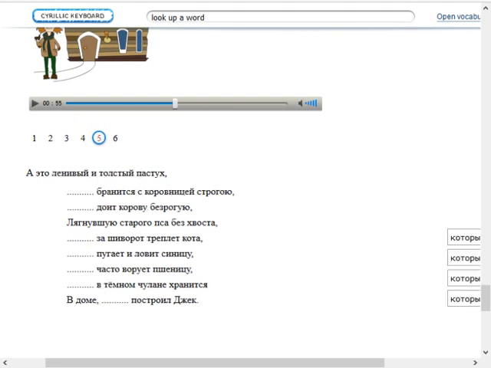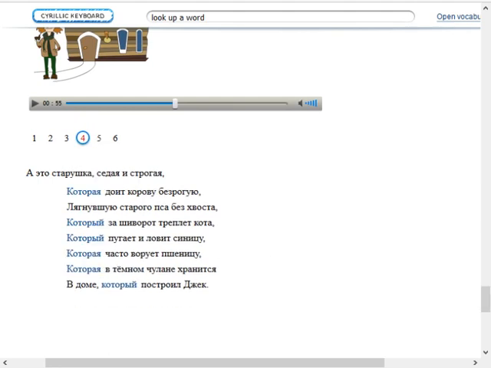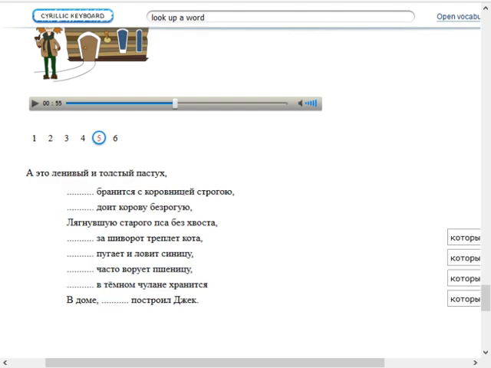So, okay, and this is an old woman, gray-haired and stern, who milked the cow, who is lying next to the dog, who catches the cat, who scares the bird, who steals the wheat, which is stored in the closet in the house that Jack built. Okay, 2 more.